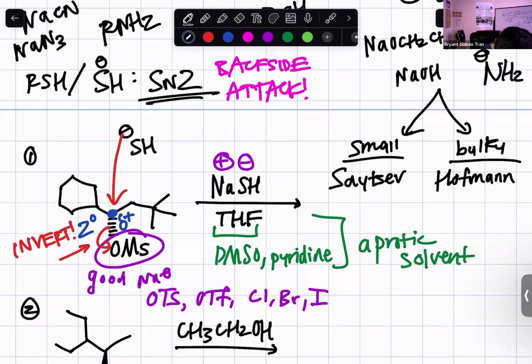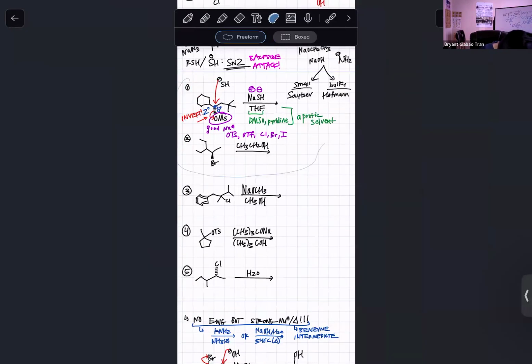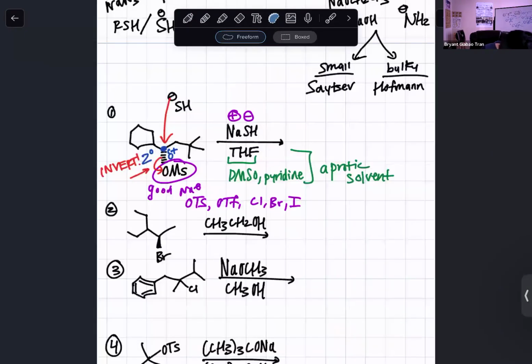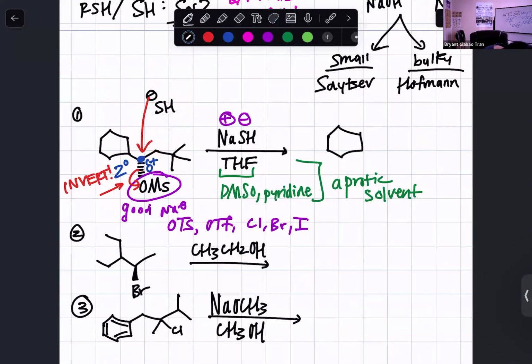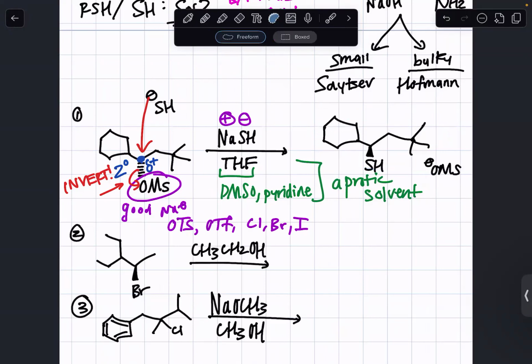Yes, invert the stereochemistry from a dash to a wedge. And that's going to give us this final product here where the dash is a wedge, but we substituted the OMS with the SH, and the OMS left as a negative charge there. Final answer.